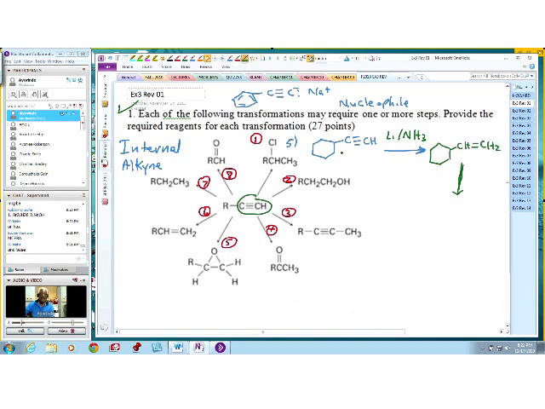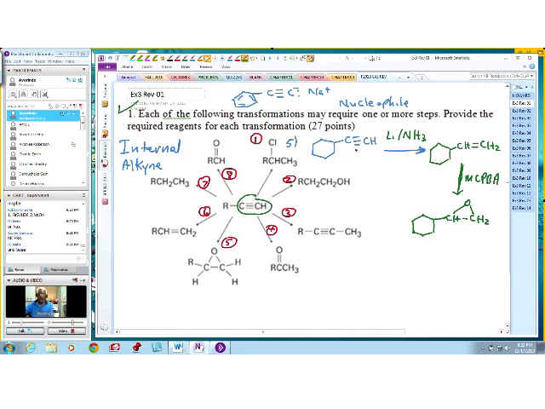So what do we have? What you do here, you use meta-chloroperoxybenzoic acid, MCPBA, that will transform a carbon-carbon double bond to an epoxide.